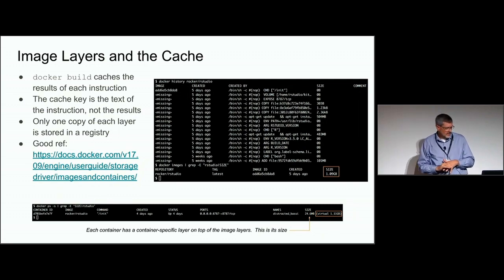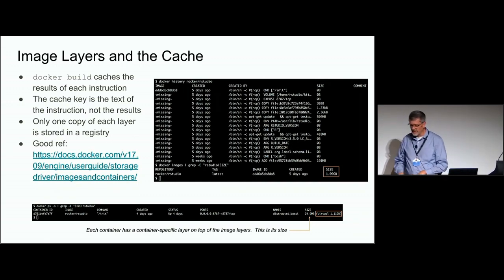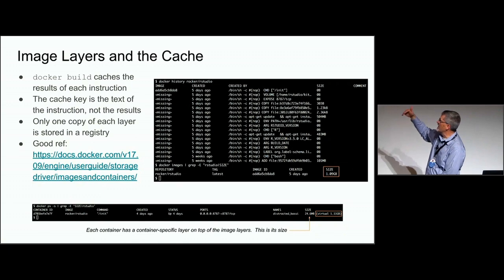Okay, so what did I do? I did the rocker/rstudio image. So you can tell all the sequence of steps that went through building that. So there you go. Those files actually are other images, I'm pretty sure.